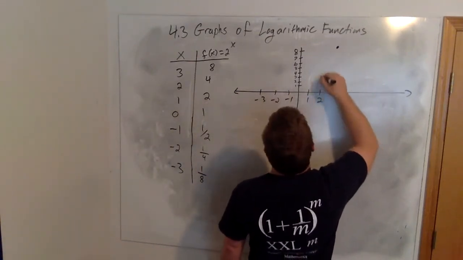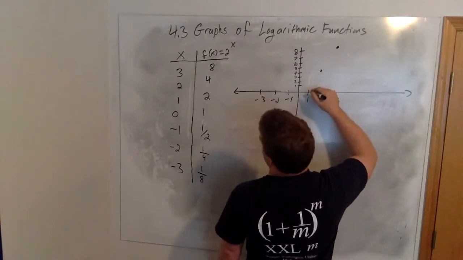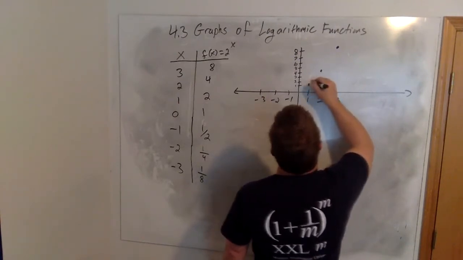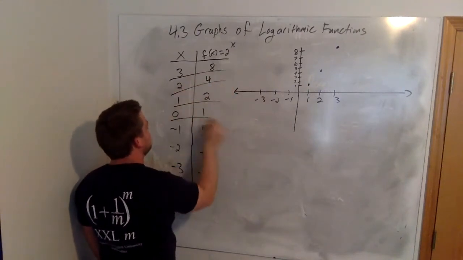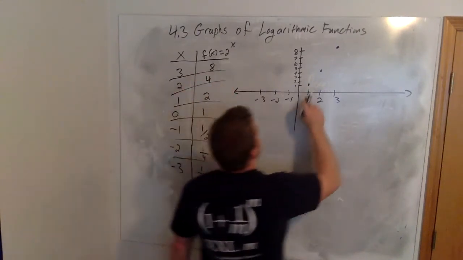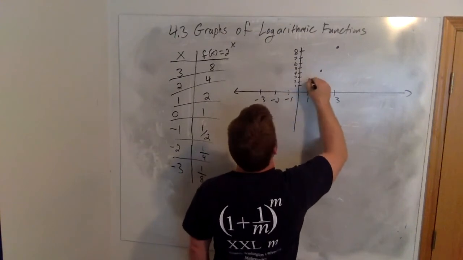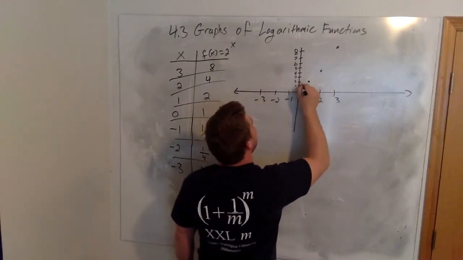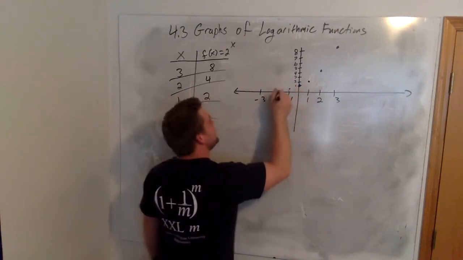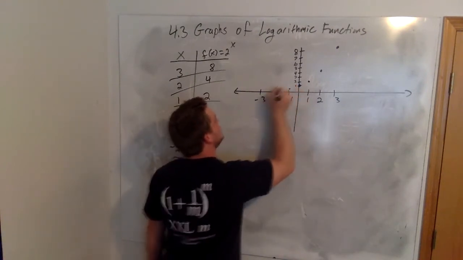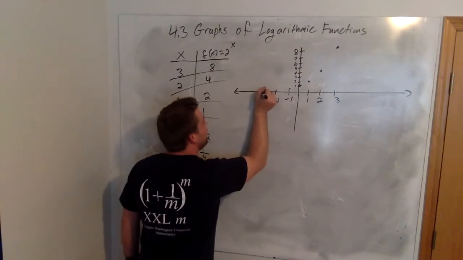We plug in 2, we got an output of 4. You plug in 1, you get an output of 2. You plug in 0, you get an output of 1. You plug in -1, you get an output of 1/2. You plug in -2, you get an output of 1/4. You plug in -3, you get an output of 1/8.